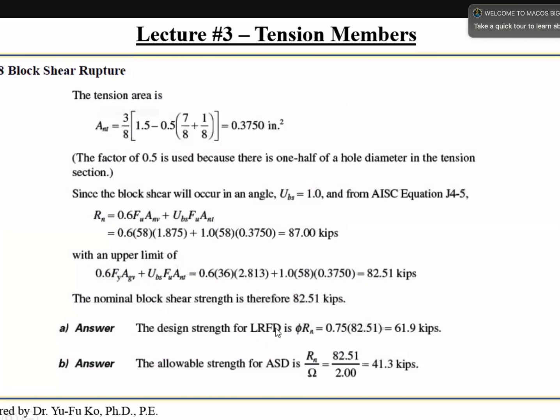For LRFD, your design strength will be phi 0.75 times 82.51, which is 61.9 kips. This is the capacity for block shear rupture per LRFD. For allowable strength based on ASD, it will be nominal strength divided by omega, which is 2, giving 41.3 kips. So this will be the allowable strength based on ASD for block shear rupture.